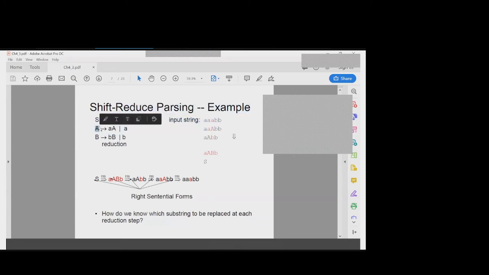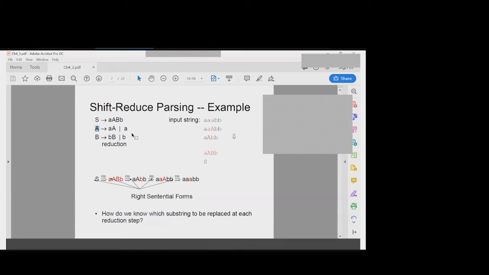So you need to check whether a simple a is there. So yes, it is there. It is here. So you are going to reduce this a to the non-terminal symbol A. You understand what we are doing? We are doing the reverse process. In top-down parsing, you used to replace A by this production. Here you are going to reduce this a to a non-terminal symbol.